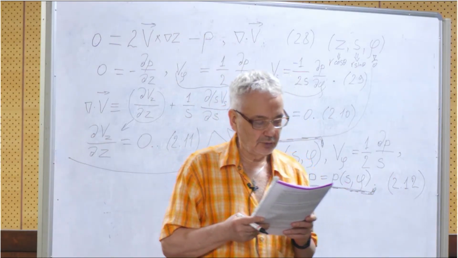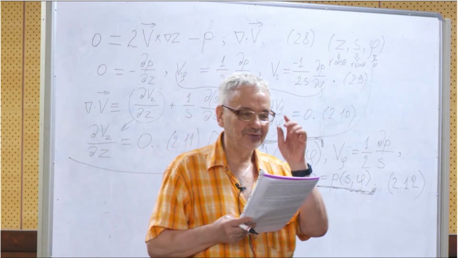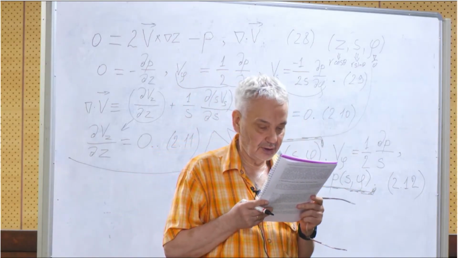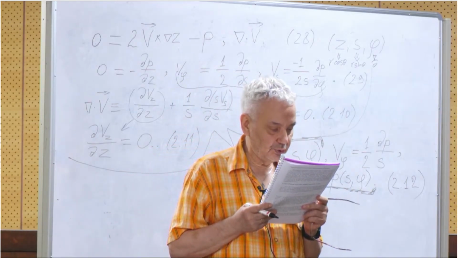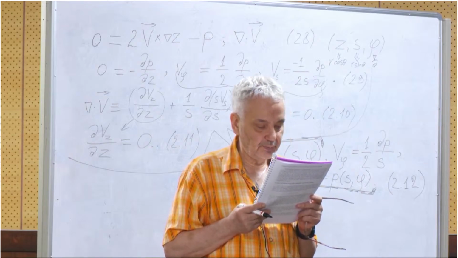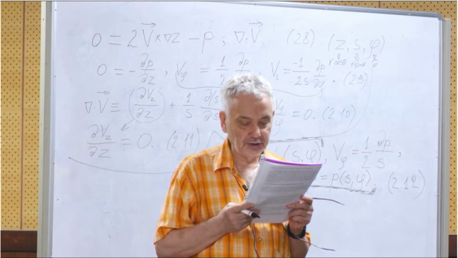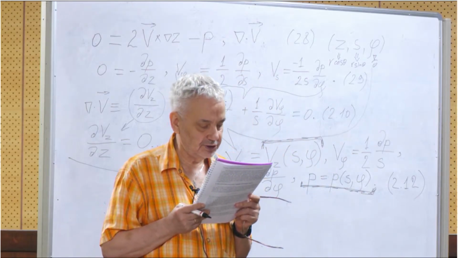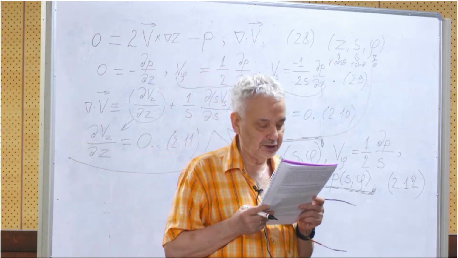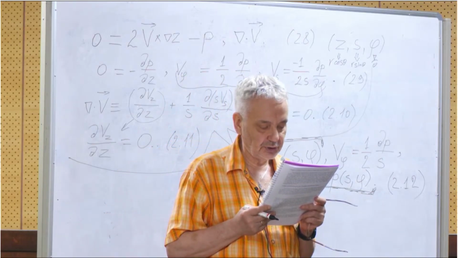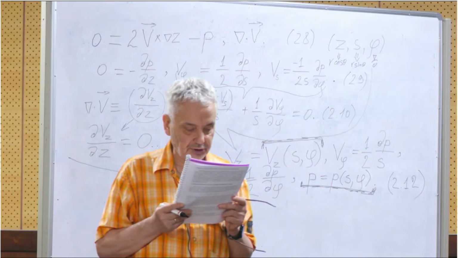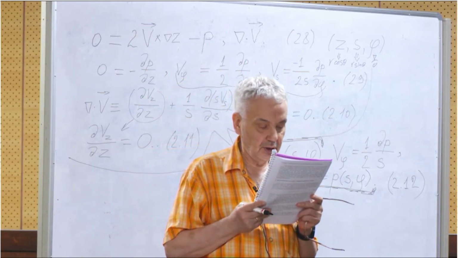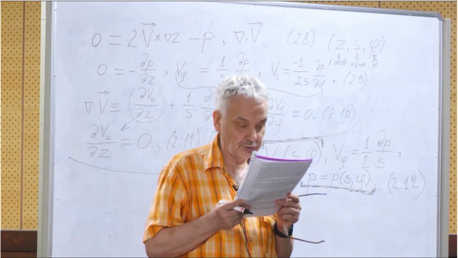So let me formulate it once more, just for your understanding. This theorem proves that the flow does not depend on the coordinate z directed along the axis of rotation when the nonlinear inertial and viscous forces are negligible. It's necessary to stress that inertial forces are nonlinear, so it's actually a linear solution, of course.